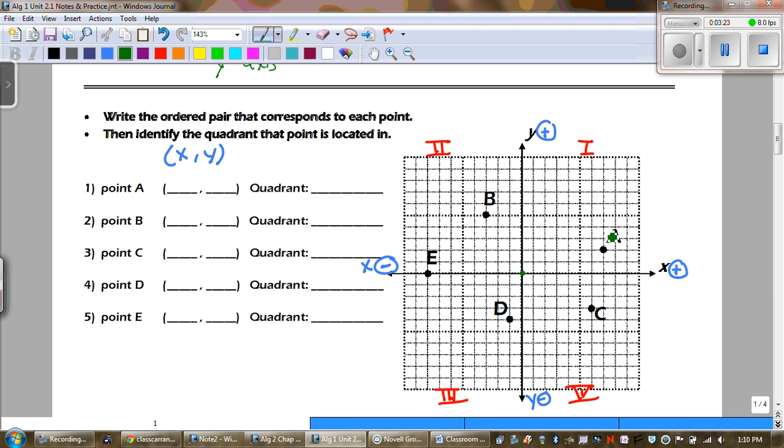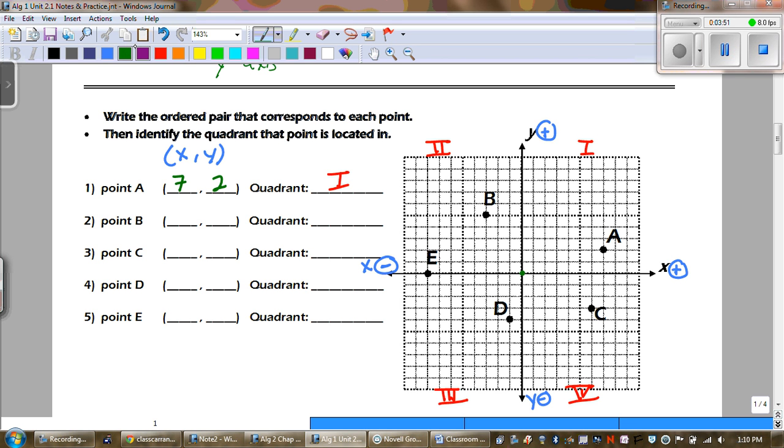Now to get to A, how many spots to the right do I need to go? Well, 1, 2, 3, 4, 5, 6, 7. I go 7 to the right, so it's positive, and 2 up. So I would write that as 7, 2. And it is in quadrant 1.